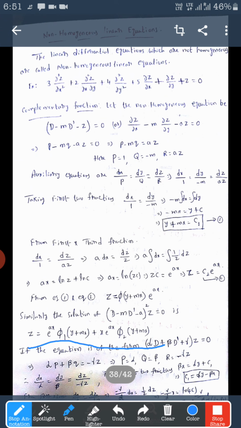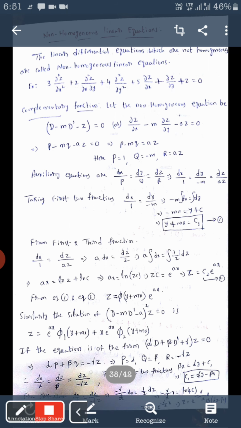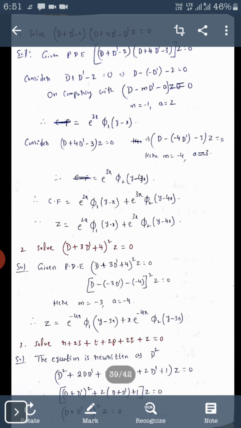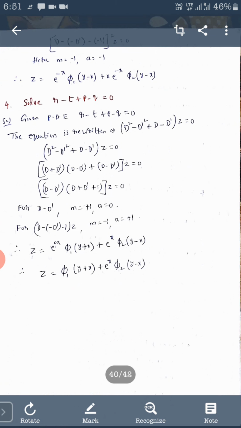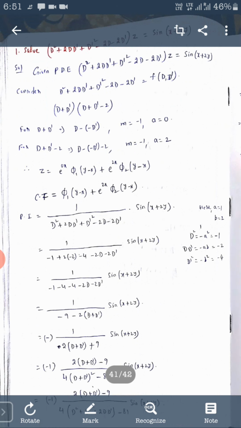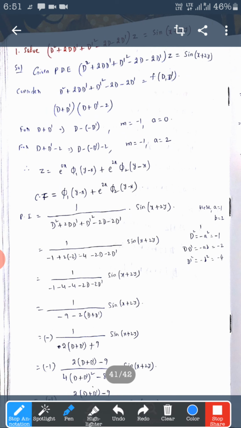Here, for the e power of ax term, we get only e power of ax extra. The remaining thing is the same. Here you have to observe, this is not z, this is CF: CF into phi 1 of y minus x plus e power of ax into phi 2 of y minus x.